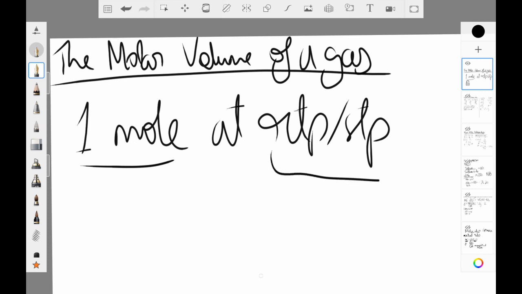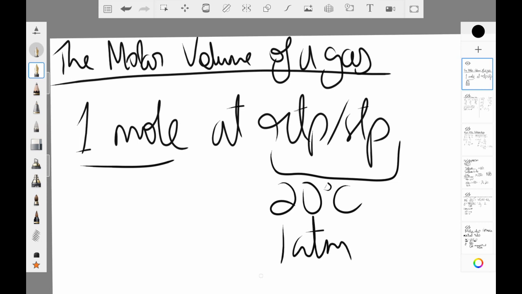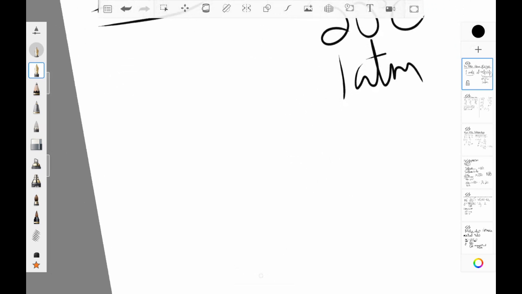And this is, of course, as I mentioned in a previous video, 20 degrees Celsius and 1 atm. Now what does this mean? It means that at 20 degrees Celsius and at a pressure of 1 atm, if I take hydrogen as an example, 1 mole of hydrogen is 2 grams.